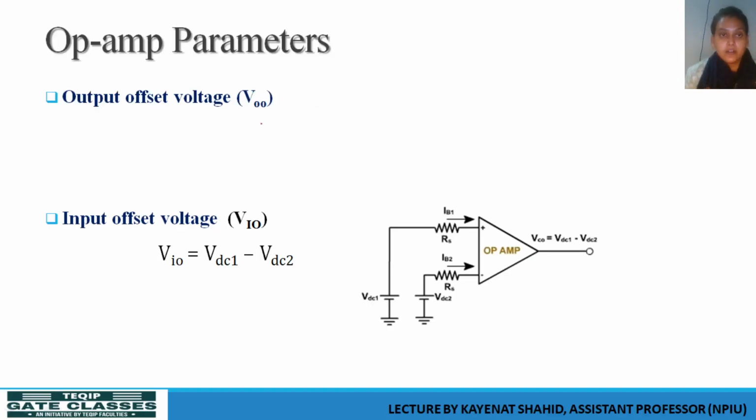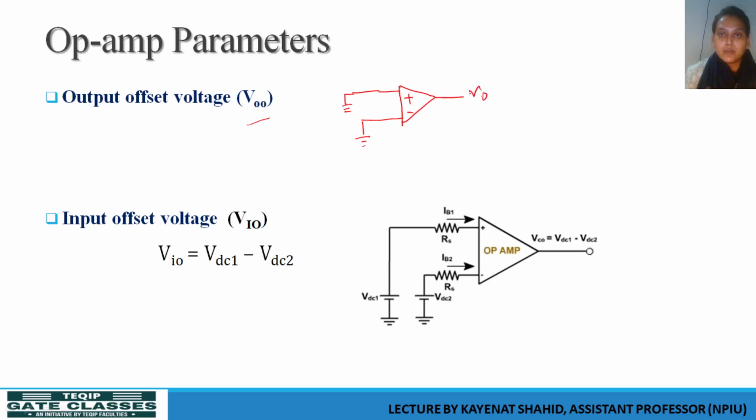The first op-amp parameter is output offset voltage. Okay, so what is this output offset voltage? Let's assume we have this operational amplifier, and both the terminals are grounded.